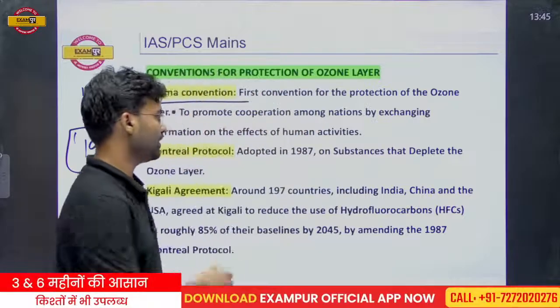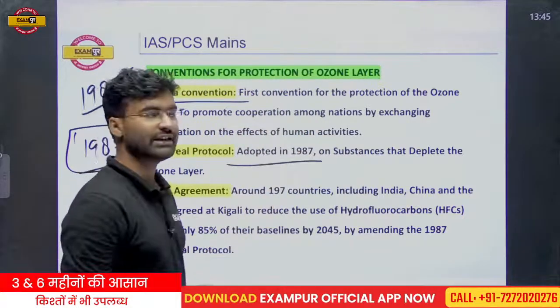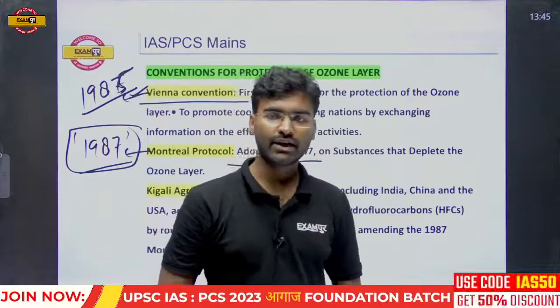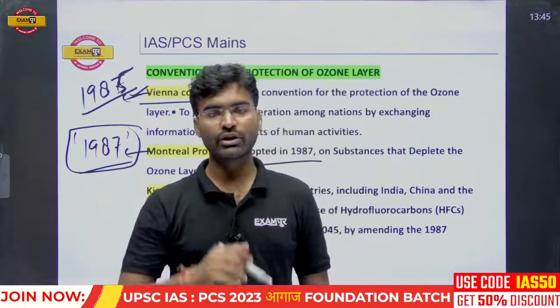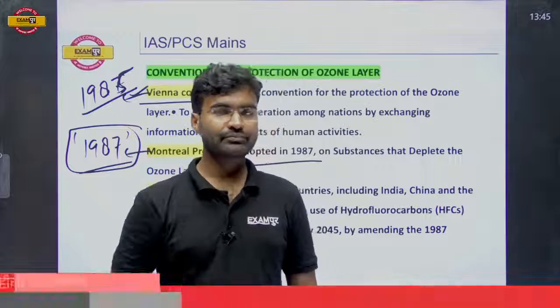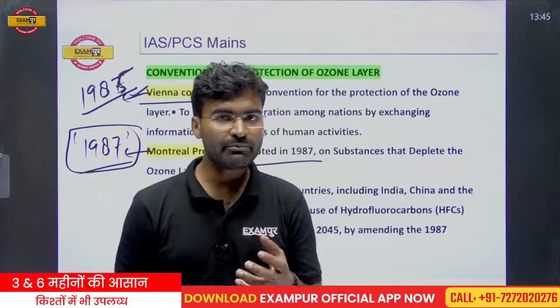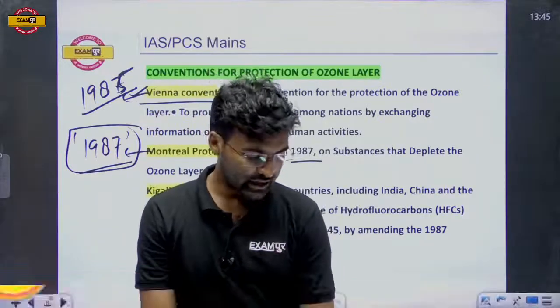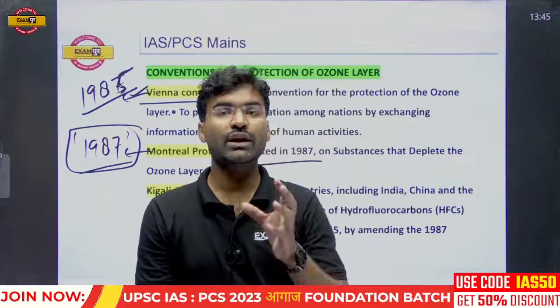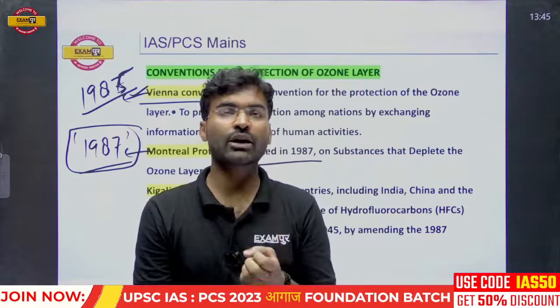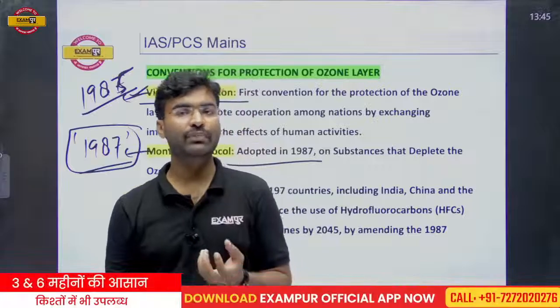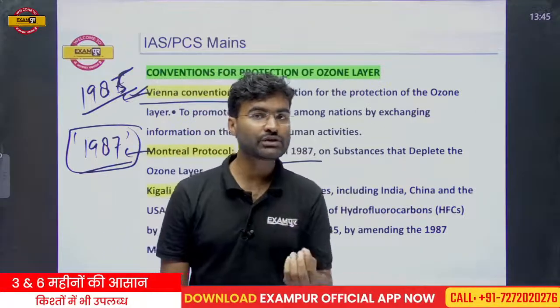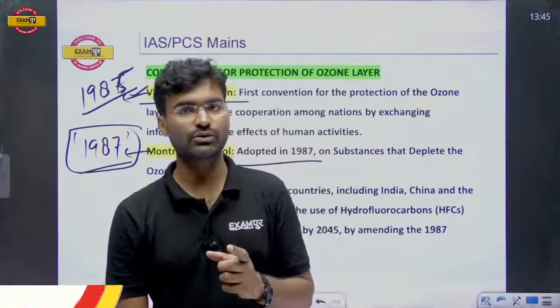The Montreal Protocol was adopted in 1987 in Montreal, a city in Canada, and its main objective was to recognize the substances which are responsible for the depletion of the ozone.